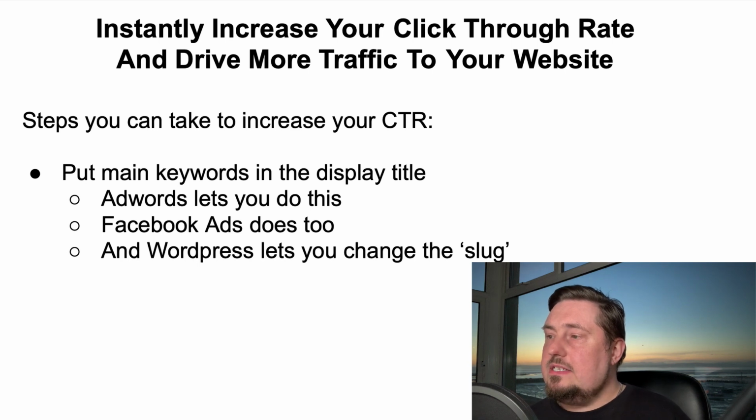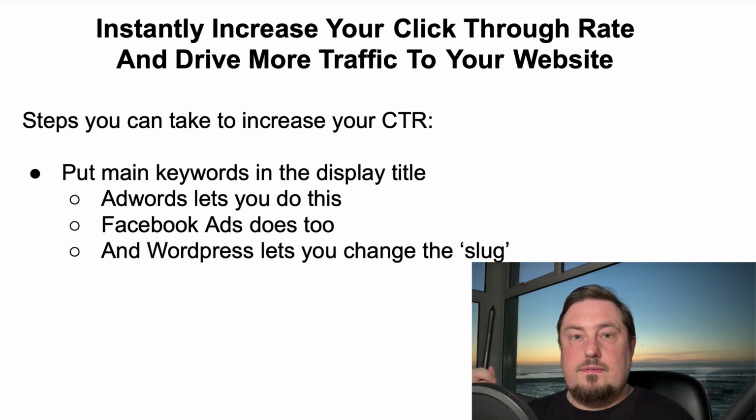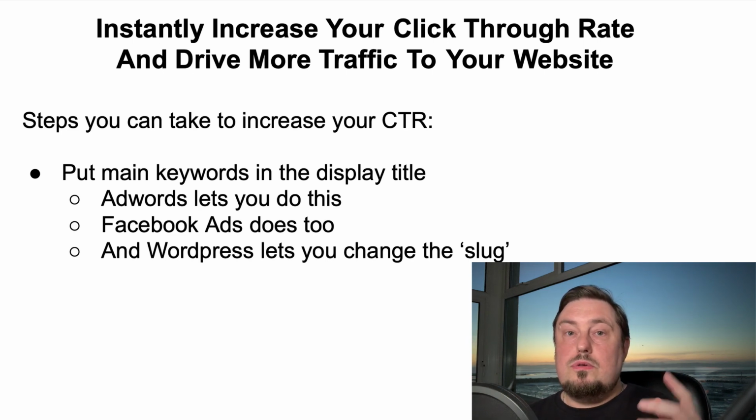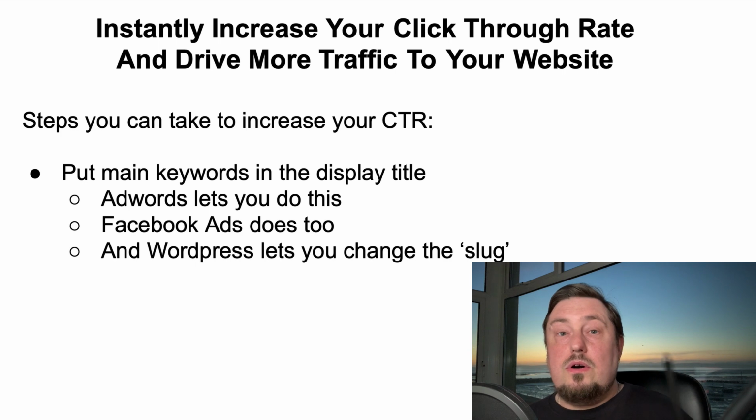Also in WordPress, so you'll notice that on the search engine results pages, what we tend to get is the link, the headline to the piece of content, and then Google sometimes tests and then sometimes removes this, but sometimes you'll see that there's a URL underneath that, either underneath the description or underneath the actual title there. So what you want to do is change the slug in WordPress.